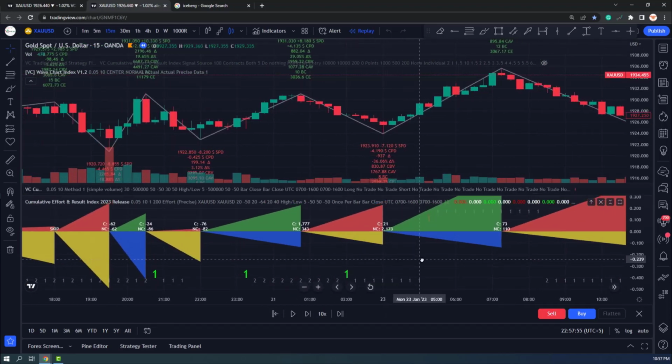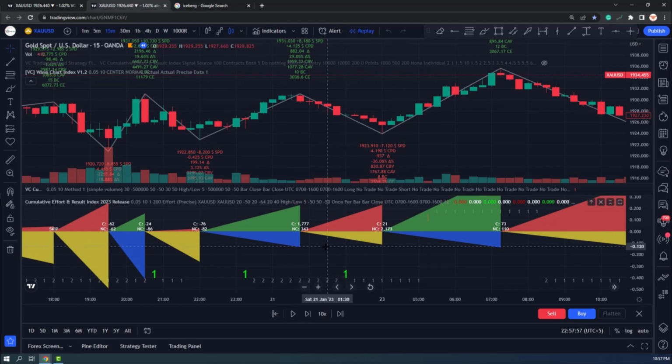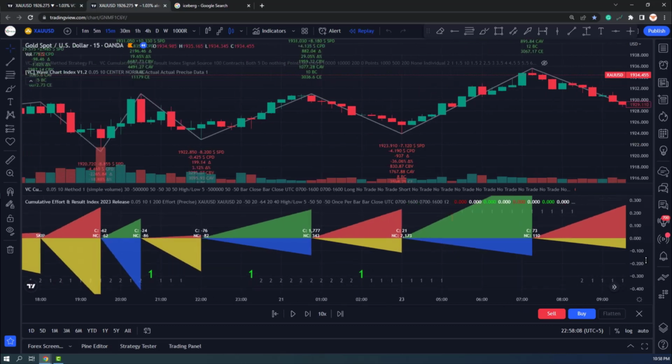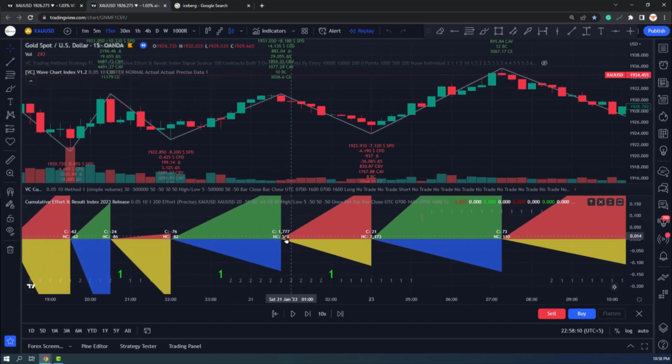Yes, this one. You see here the continue and non-continue, both results are positive. Continue and non-continue, both results are positive. That's why we are getting the first confirmation here.